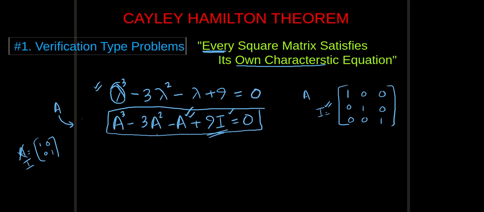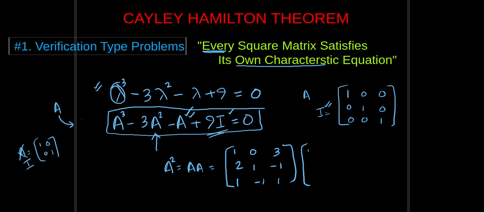Now we have to find A square. Okay, so A square is A into A, and we can copy A, that is 1 0 3, 2 1 minus 1, 1 minus 1 1, times 1 0 3, 2 1 minus 1, 1 minus 1 1.